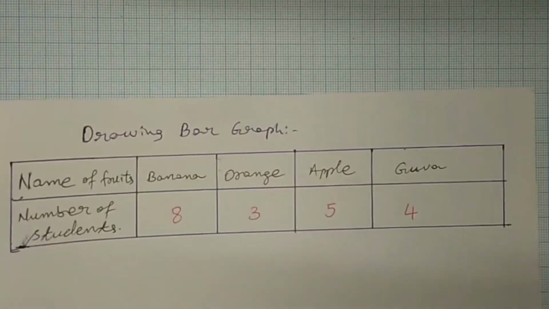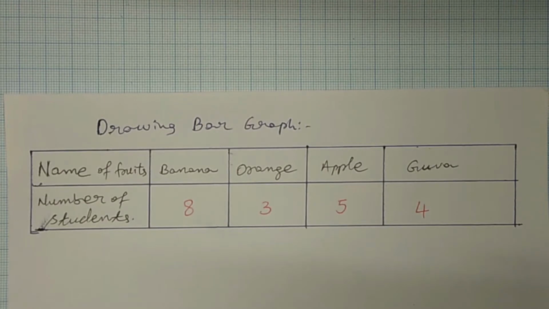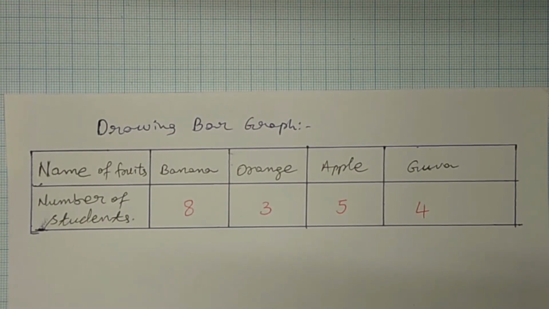Students, here I am going to show you data for which we are going to draw a bar graph. This is a table containing the name of the fruit and the number of students having that fruit as their choice.